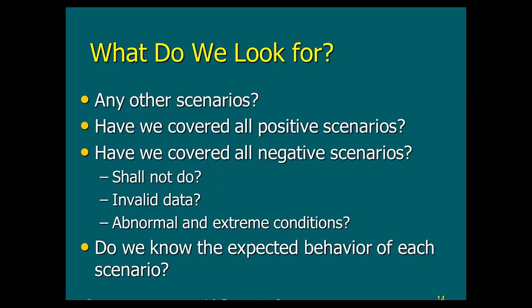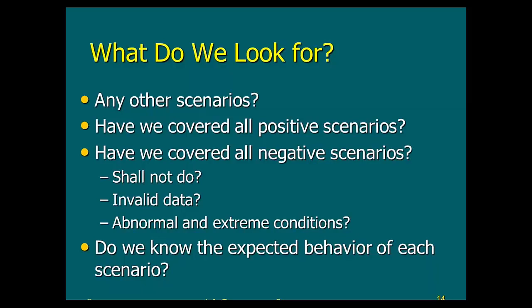So what do we look for in the validation process? A number of things. We want to make sure that we came up with all the scenarios. We want to make sure that we covered all positive and negative scenarios. And as I said earlier, negative scenarios can be almost anything, from shall-not-do things to abnormal and extreme, or someone using invalid data, and so on.